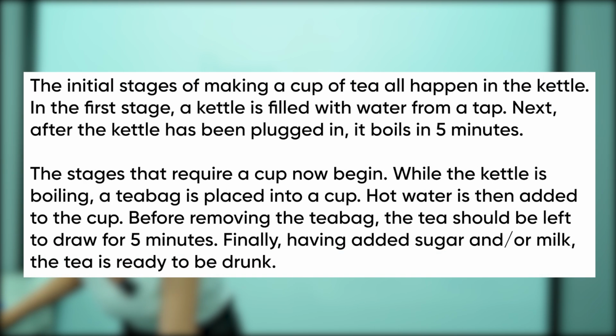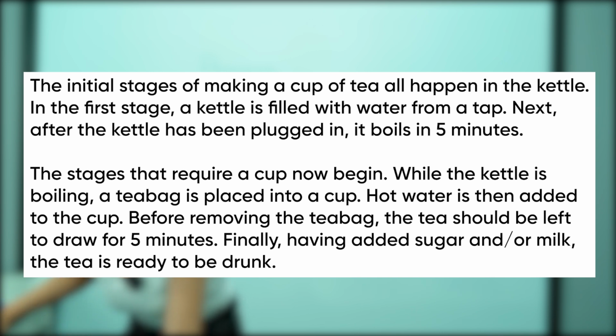The initial stages of making a cup of tea all happen in the kettle. In the first stage, a kettle is filled with water from a tap. Next, after the kettle has been plugged in, it boils in 5 minutes. The stages that require a cup now begin.